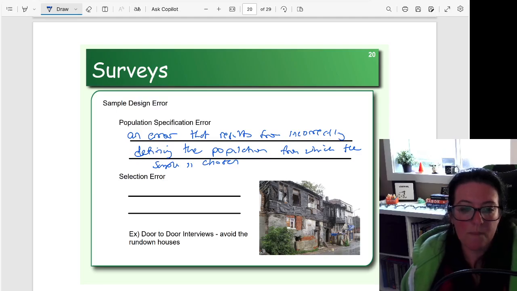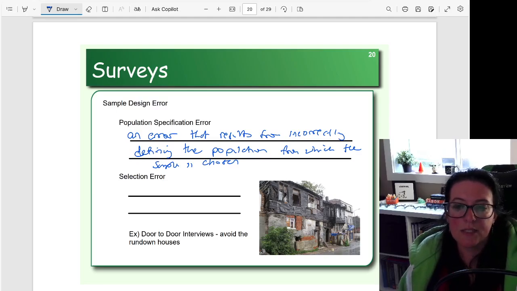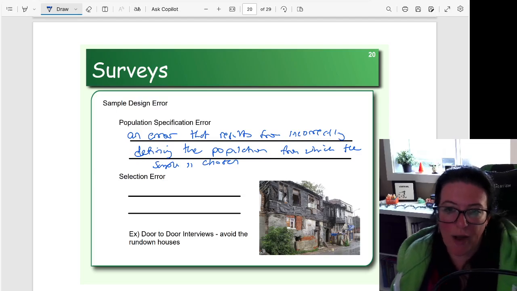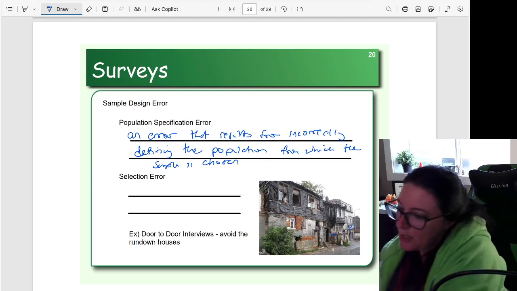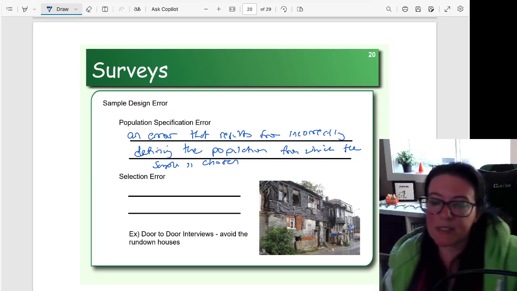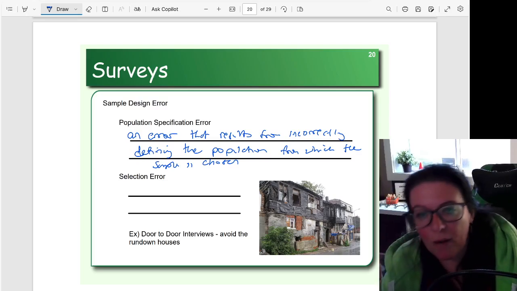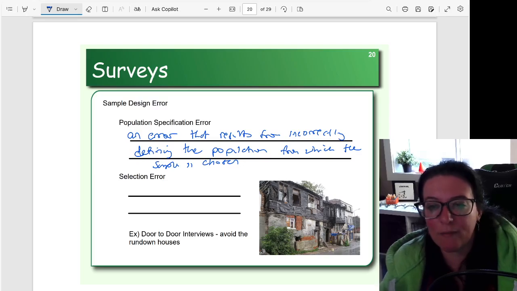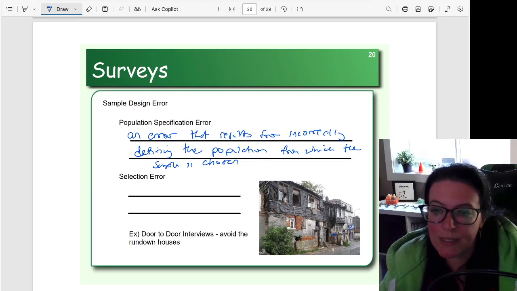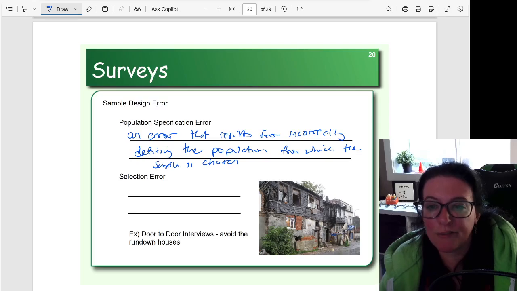if we are not defining the population correctly, so we really aren't specifying exactly the right group that we need the information from, then of course when you pull your sample from that group, it's not going to give you the information you need. So you do need to spend a bit of time thoroughly defining who that population of interest is.